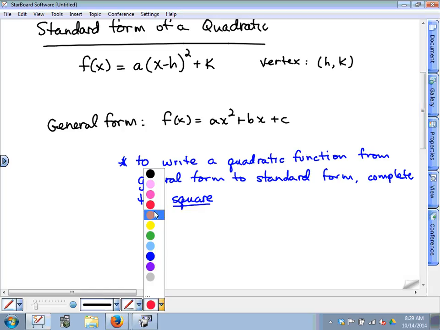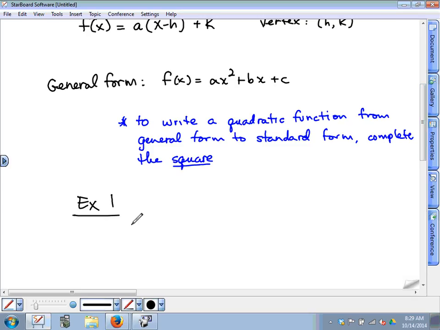For example, example 1. Form a perfect square trinomial.